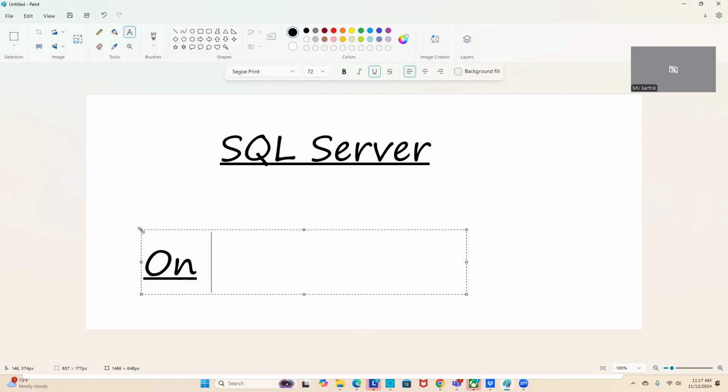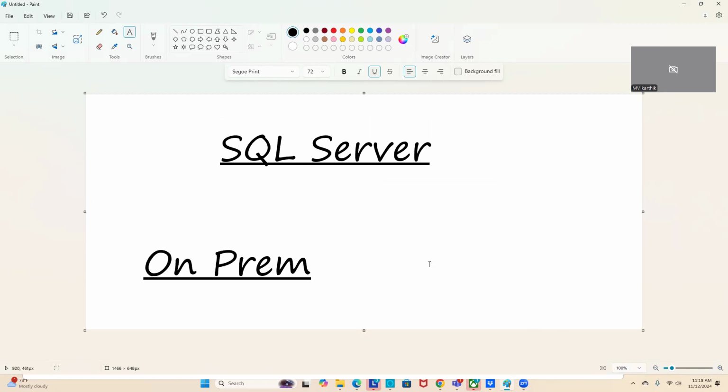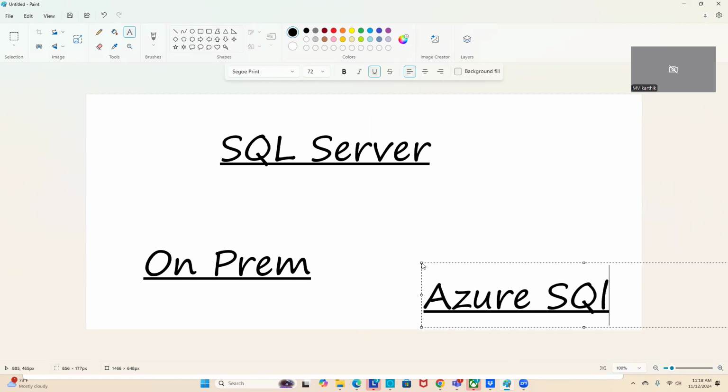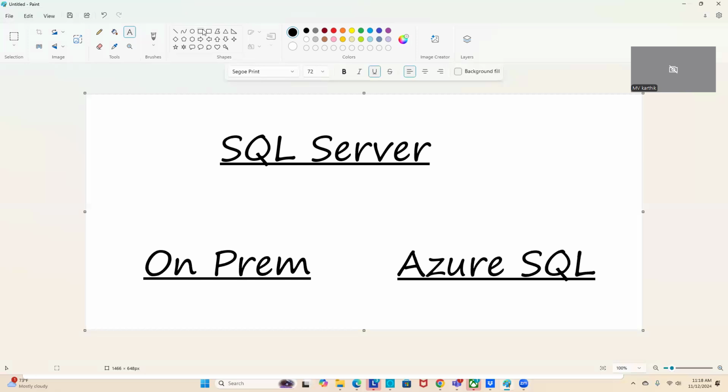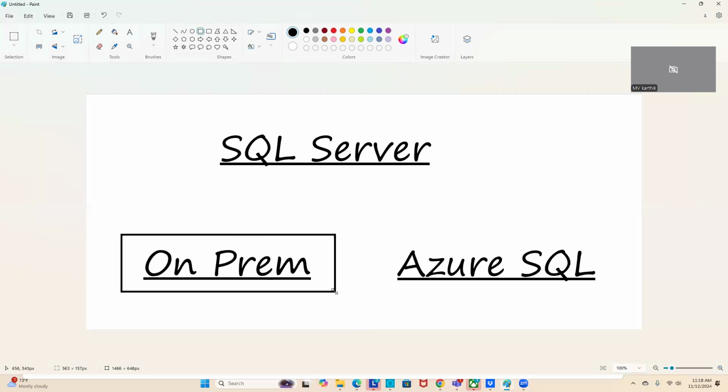On-prem is the one and the other one is Azure SQL. So what is the difference between these two, and why are they categorized into two different servers?